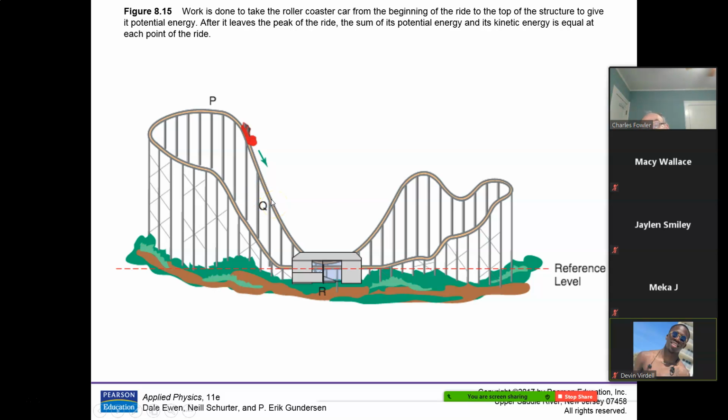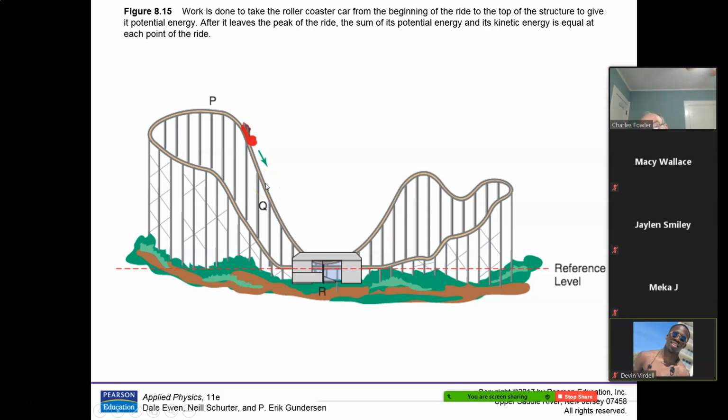Okay? And then it goes past here and goes to point R. Now, point R is basically about the same place you left it, probably a little higher. And then it goes up, and when it goes up here, it's slowing down because it's gaining gravitational potential energy again. Now, when it gets here, it's still moving. Why? Because it's not as high as it was before.